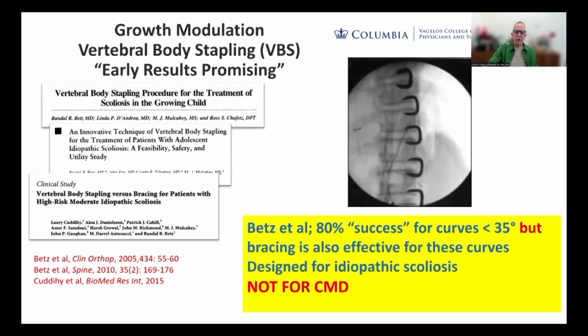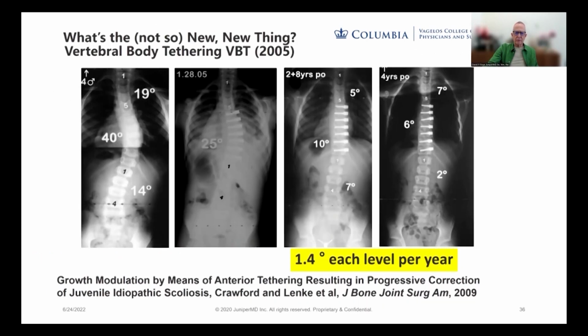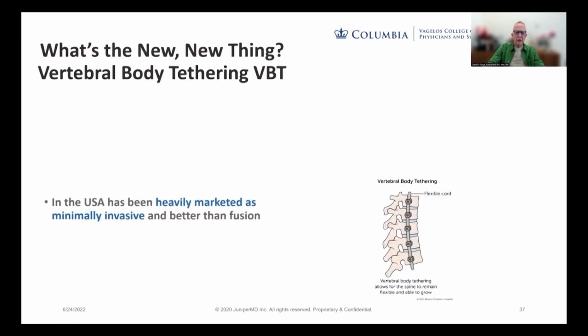You may have heard of growth modulation or vertebral body stapling. Early results were described as promising with big success for small curves, but this was designed for idiopathic scoliosis, not for CMD. Vertebral body tethering, first introduced in the US in the early 2000s, can result in correction of idiopathic scoliosis.